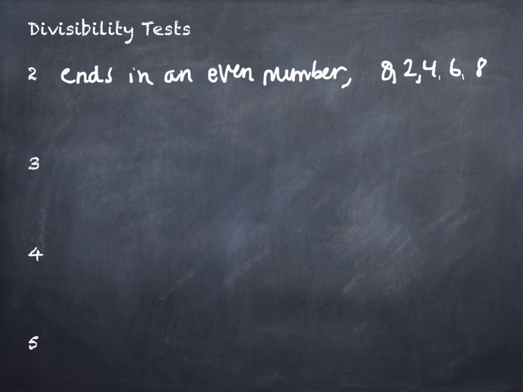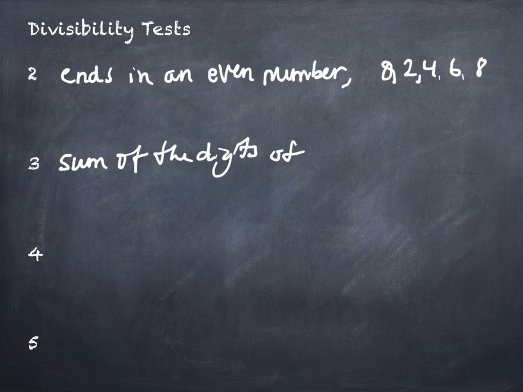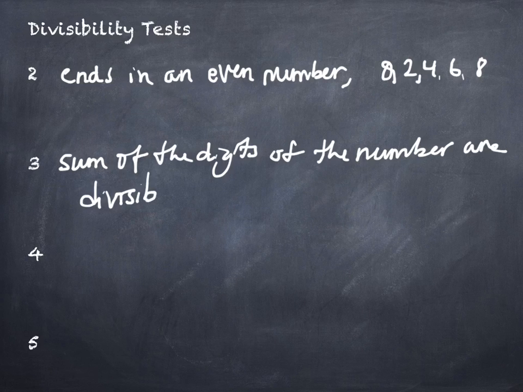A number is divisible by 3 if the sum of the digits of the number is divisible by 3. In other words, you can add all of the individual digits in a number up, and if that sum is divisible by 3, then the original number is divisible by 3.